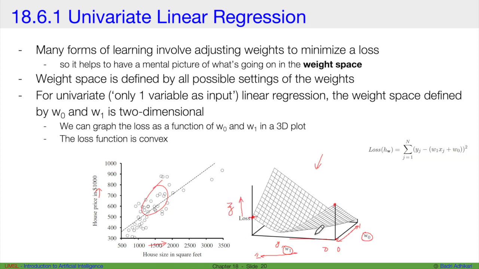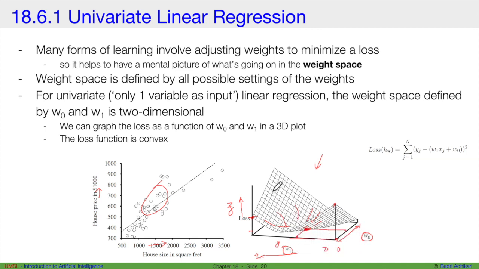And probably there is a place somewhere here where this surface goes down and becomes very small, the smallest value of loss. This is the specific point of W0 and W1 that gives you the best value of loss.